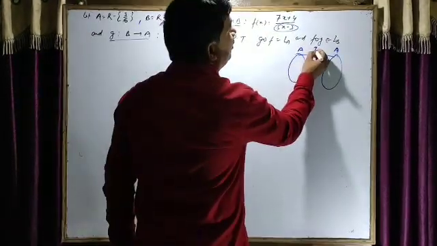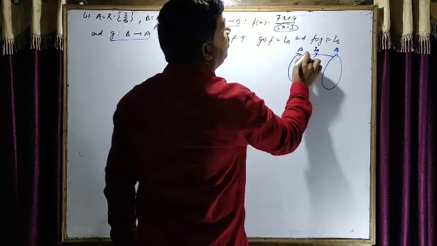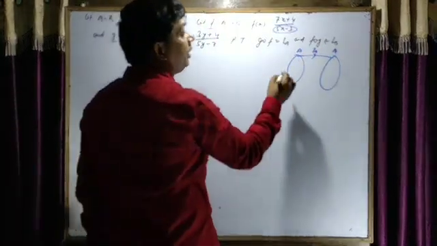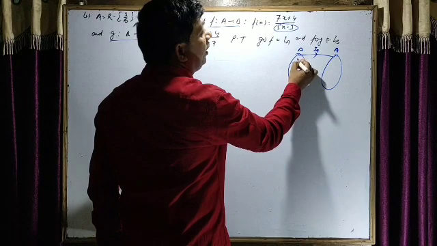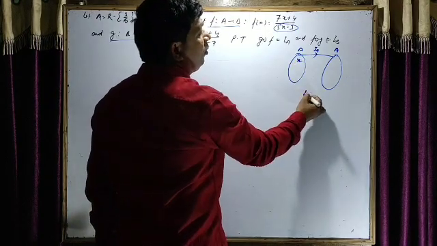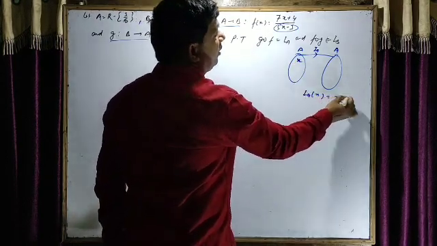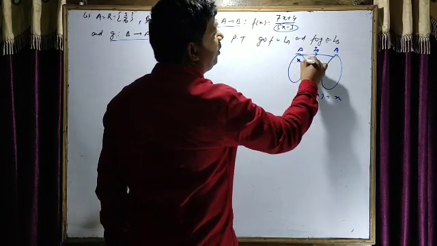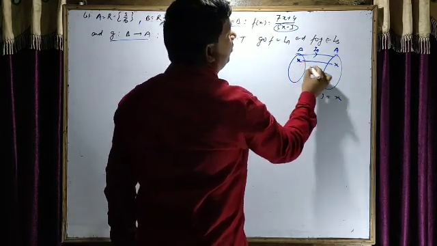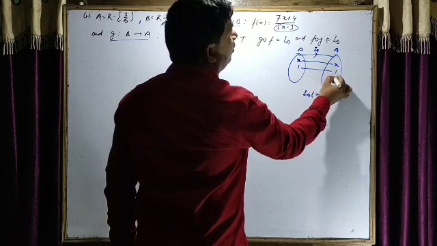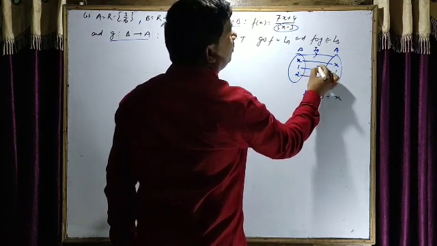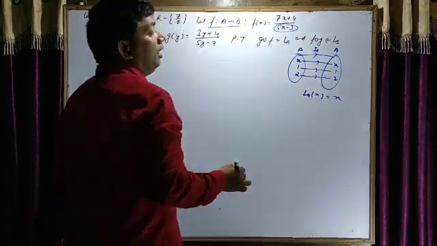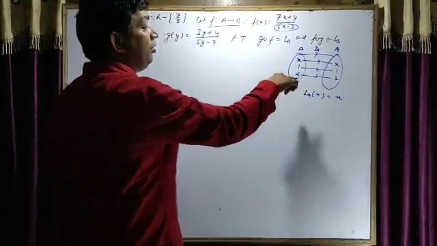This notation indicates a function from A to A. And what is I_A? If I take x, I_A of x gives x. So whatever the input, the output becomes the same. If you take 1, the answer is 1. If you take 2, the answer is 2. This is I_A, and it is written because it is on set A.